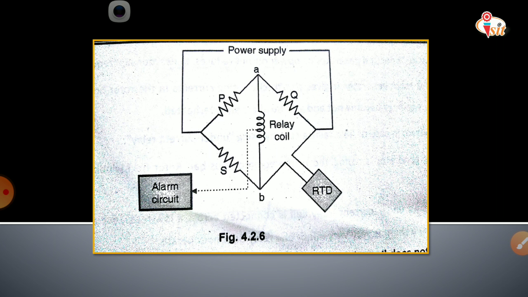And second, when overheating occurs, the RTD resistance changes, causing the imbalance of the Wheatstone bridge, and the relay coil gets energized and sends signal to the alarm circuit for its operation. So these are the two methods used for overheating protection.